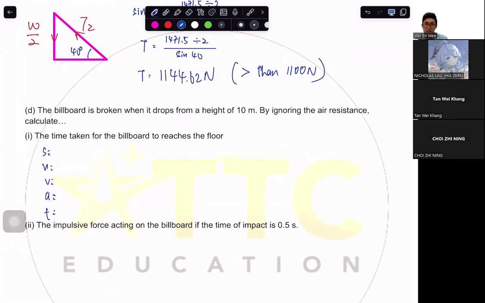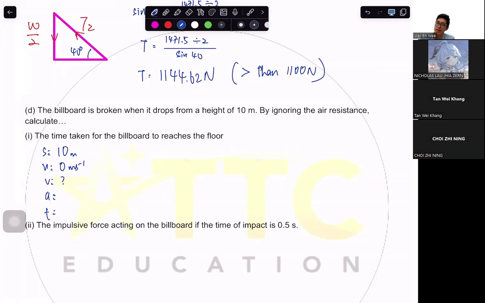Okay, S is the distance you have to travel, which is 10 meters. U is your starting velocity before you fall. Before you fall, your starting velocity is 0. Now, after you fall, the final velocity, this final velocity is not when you hit the ground. This is right before you hit the ground. We don't know what is the speed right before it touches the ground. The A we know.